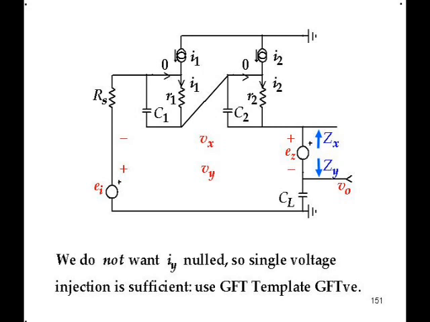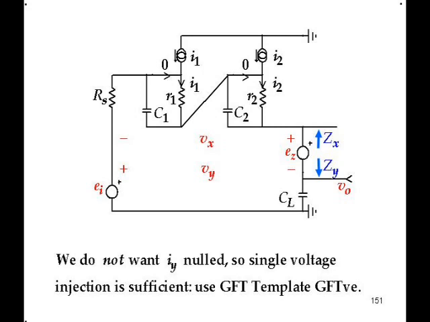Now what is Tn? Tn is Vy over Vx if we inject Ez in the presence of Ei and null the output. But if you null Vo, Vy is then equal to Ei. And if you null the output, there's no current through Cl.